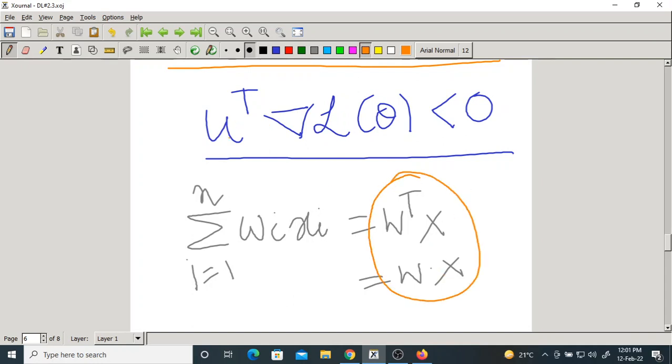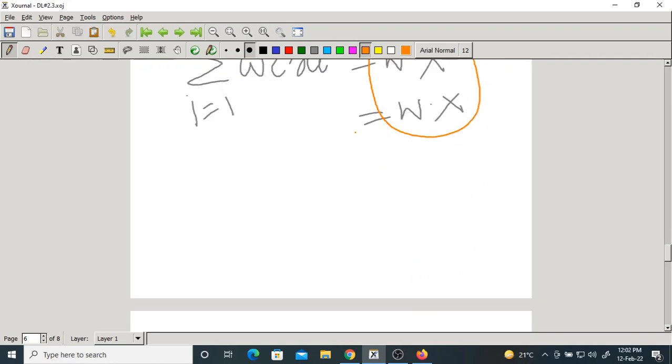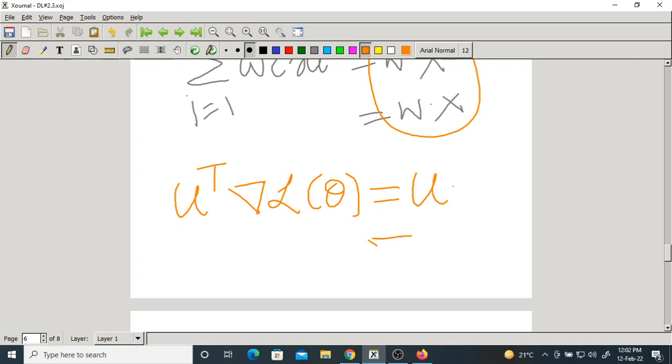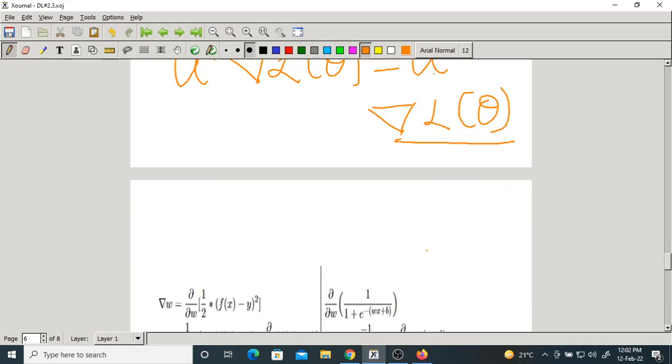Here we have u transpose times some other quantity, which means u into del of L of theta is two quantities. So I can say that u transpose into del of L of theta is the same as a dot product between u and del of L of theta. Is it okay? It's a dot product of these two vectors, u and del of L of theta. It is also a vector.